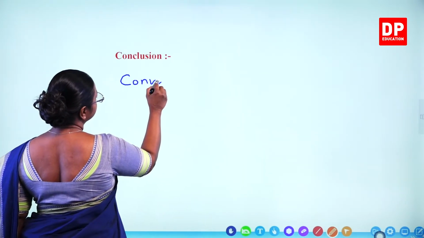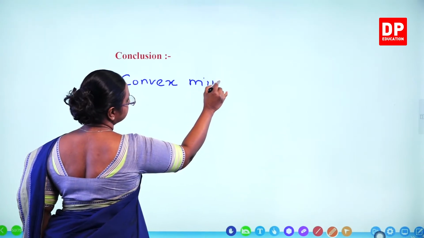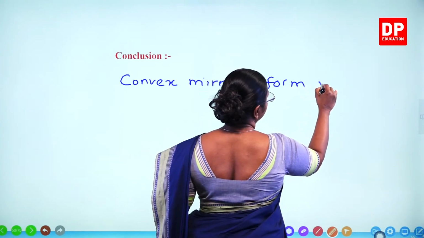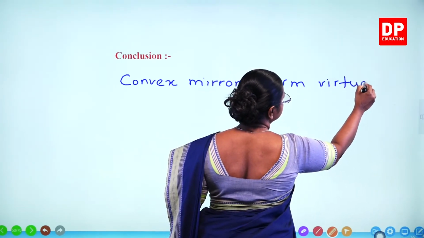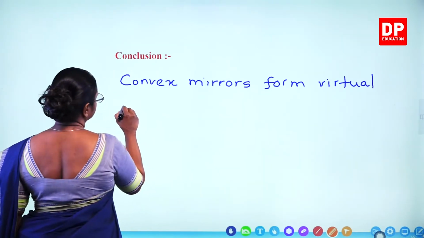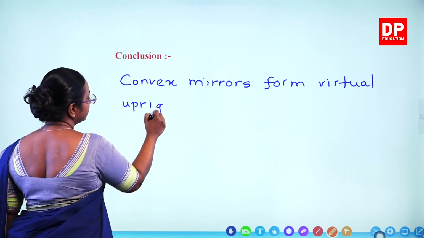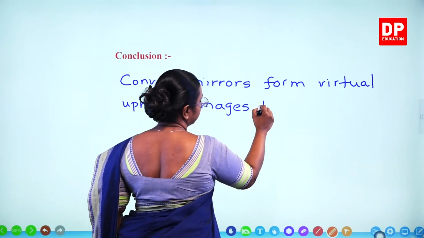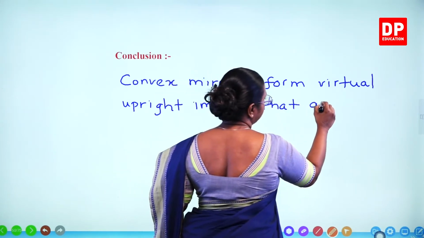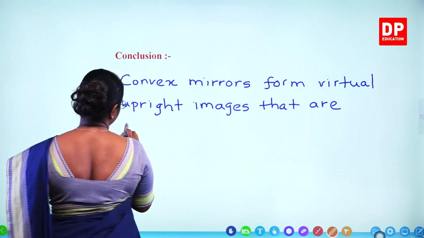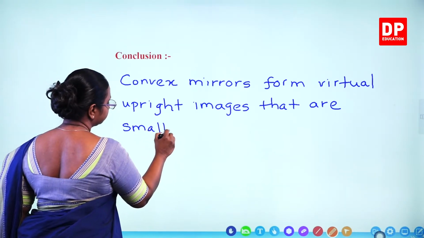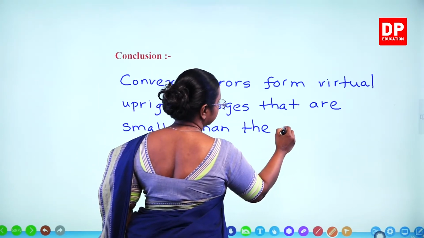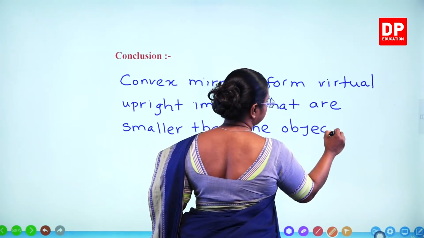Convex mirrors form virtual upright images that are smaller than the object.